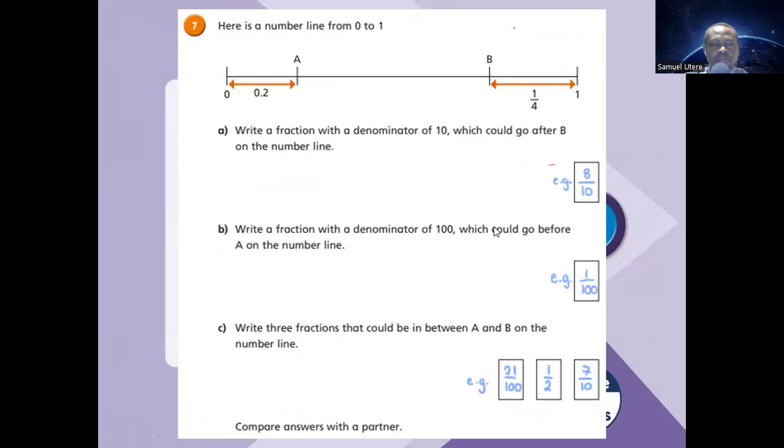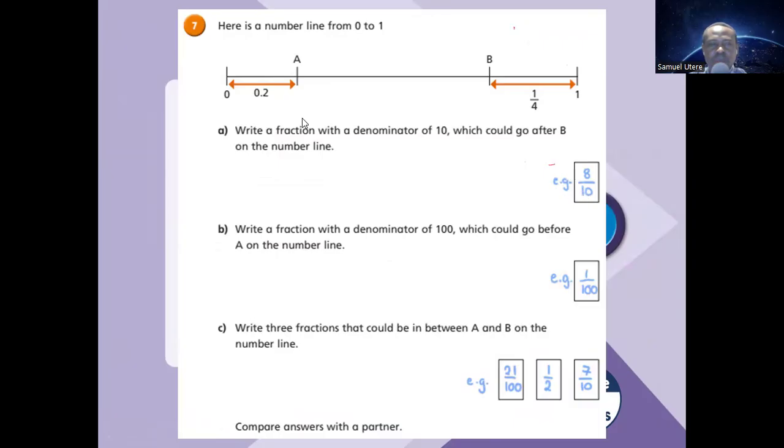All right. Question 7. Let's discuss it. Here is a number line from 0 to 1. You were asked to write a fraction with a denominator of 10, which could go after B. That fraction should be 8 tenths. Why?